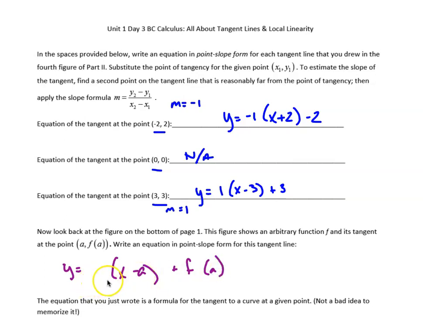Then we just need to insert the slope of the tangent line, and we've been told that we denote slope as f prime of a. So what we just wrote is a general equation for the tangent line at any point on a curve. You will work with this so much that you will have it memorized. It's not a bad idea to memorize it, but this will become second nature to you.